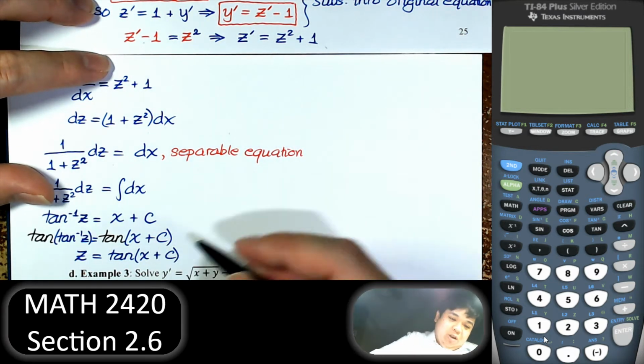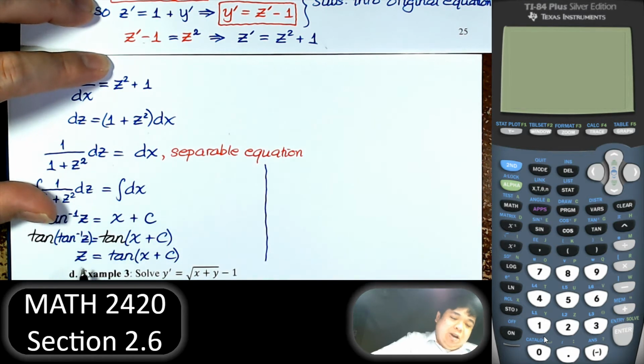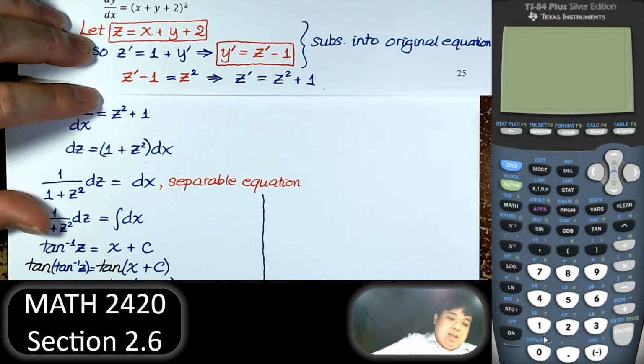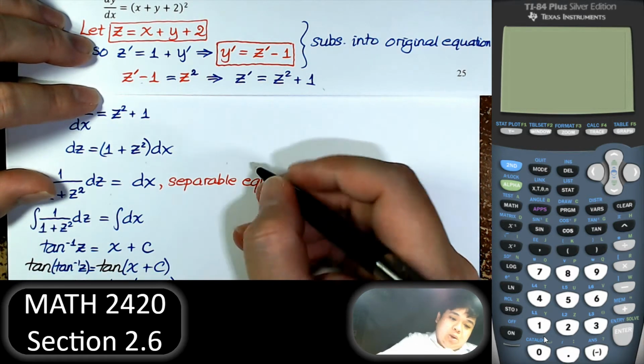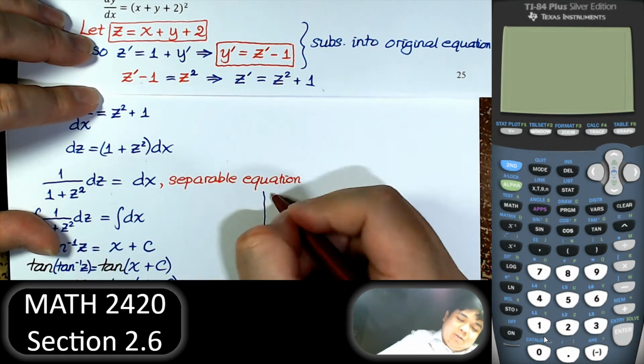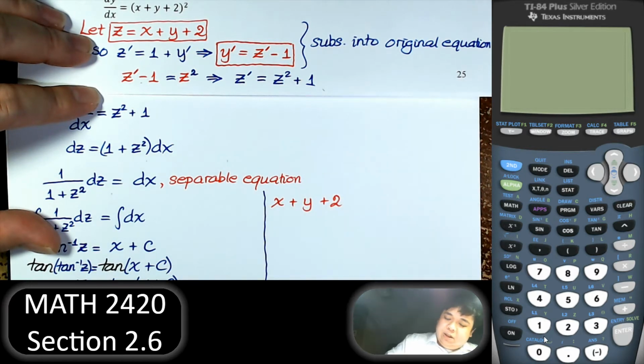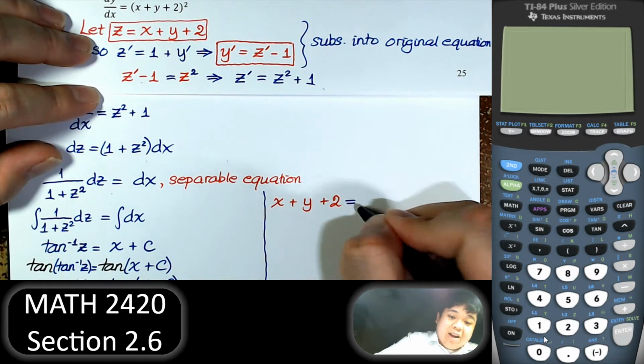We still need to rewrite this. Right, finally z, the original equation does not have z. So that is x plus y plus 2. So z here has to be revised to x plus y plus 2. Yeah, the original equation only has x and y.